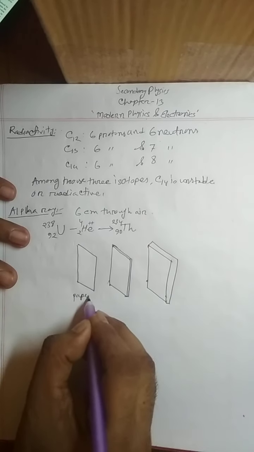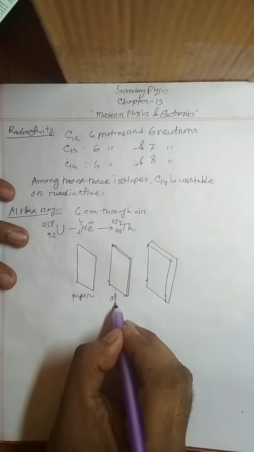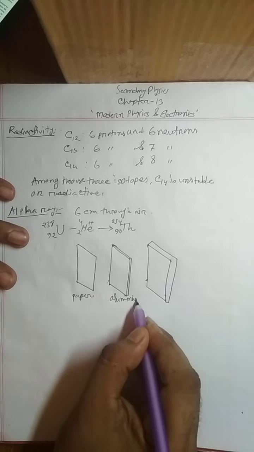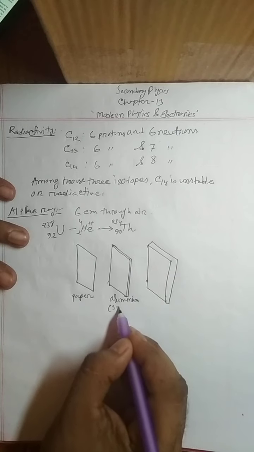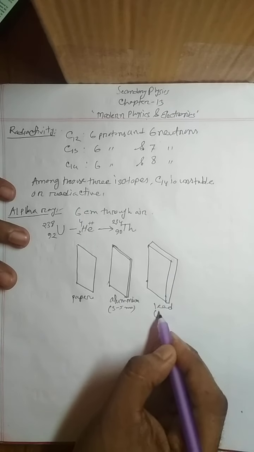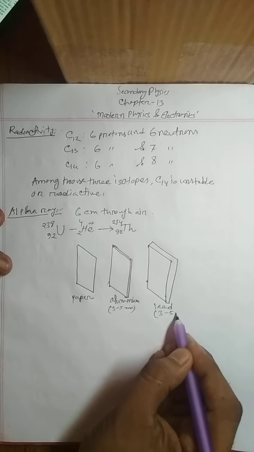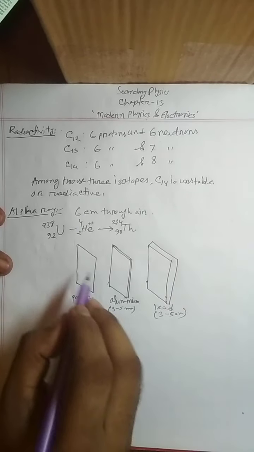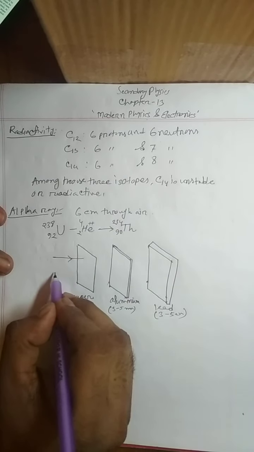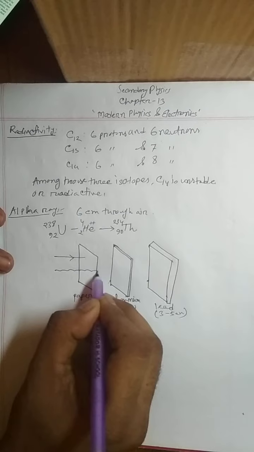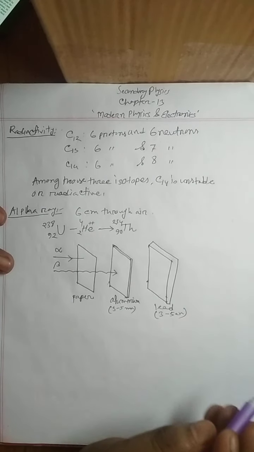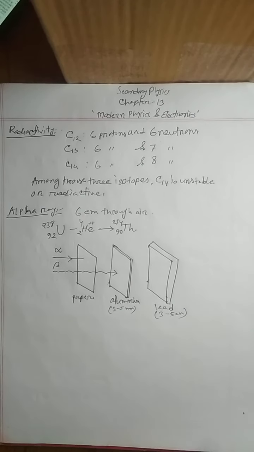Paper, aluminium, and the lead. The alpha ray can penetrate the paper, but the beta ray can penetrate the paper but can't penetrate the aluminium.